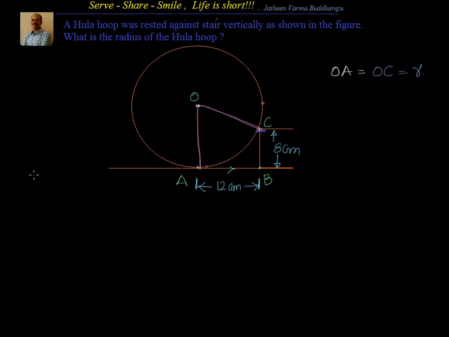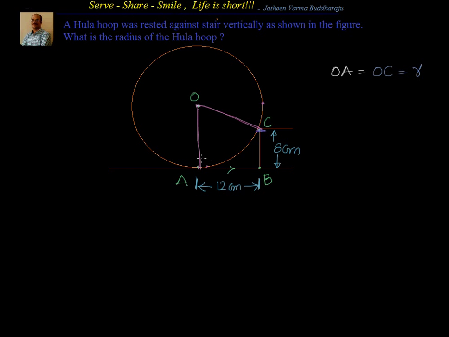Okay. Next, one more thing we have to understand is we have been given that a hula hoop was rested against a stair vertically as shown in the figure. In that you see that the point A is the point of contact between the circle and the line, which we call a tangent.